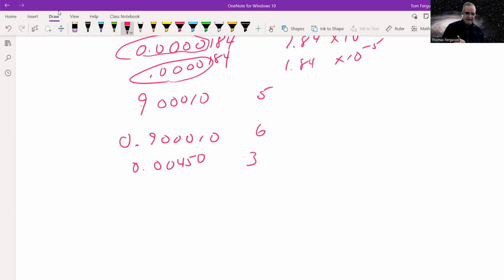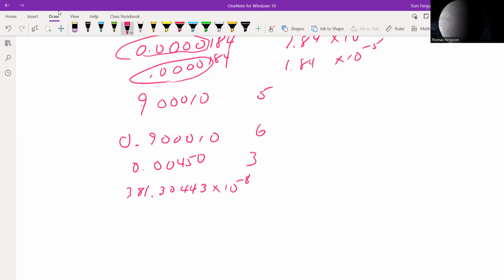Now, whenever we have a number, let me write this one here. First of all, is that proper scientific notation? Okay, so let's look at that number. The first number has to be a number from 1 to 9.999.